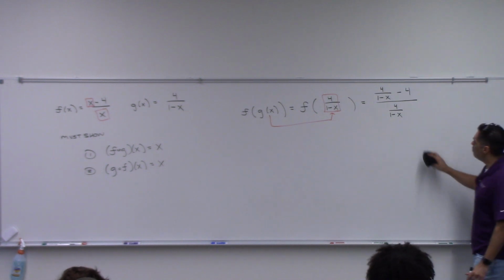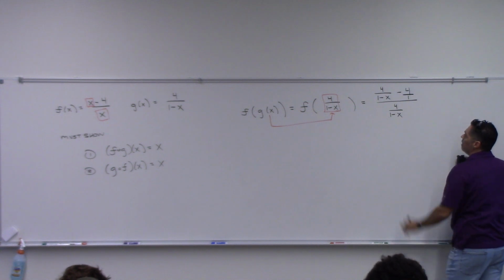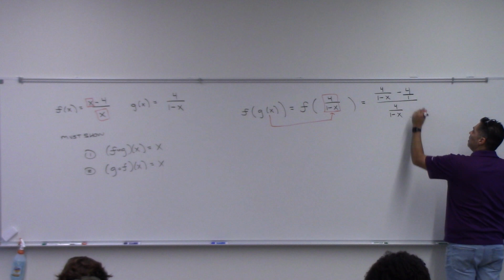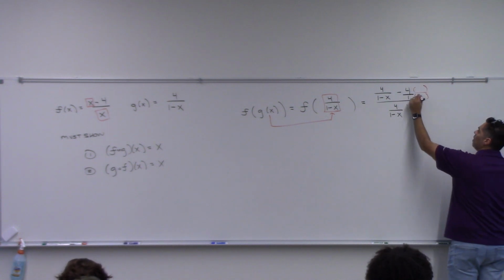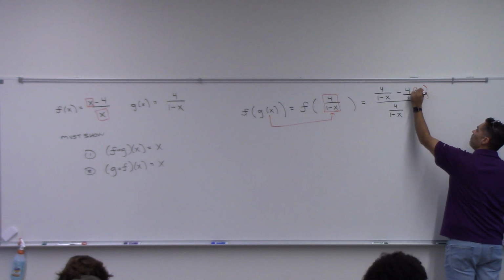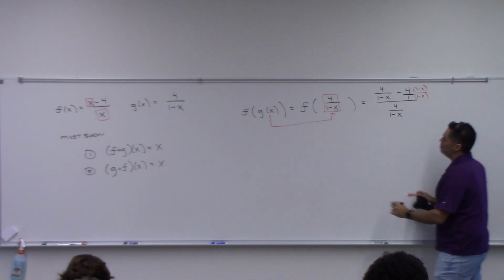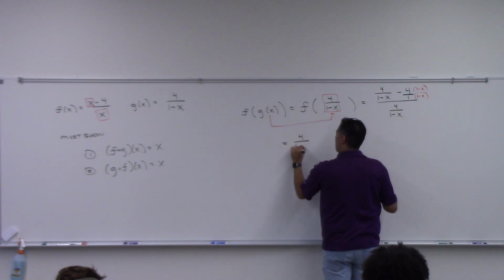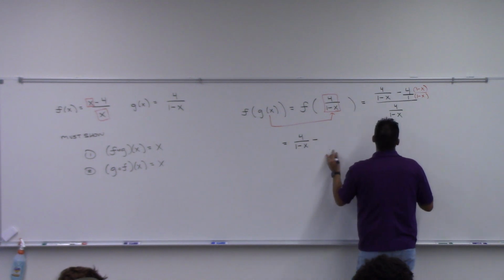So to show that that's equal to x, I'm going to rewrite this 4 as 4 over 1, and I'm going to get a common denominator between those two. So I will need what here and what here? 1 minus x and 1 minus x, there and there. So now that becomes 4 over 1 minus x minus, how do I want to do this?